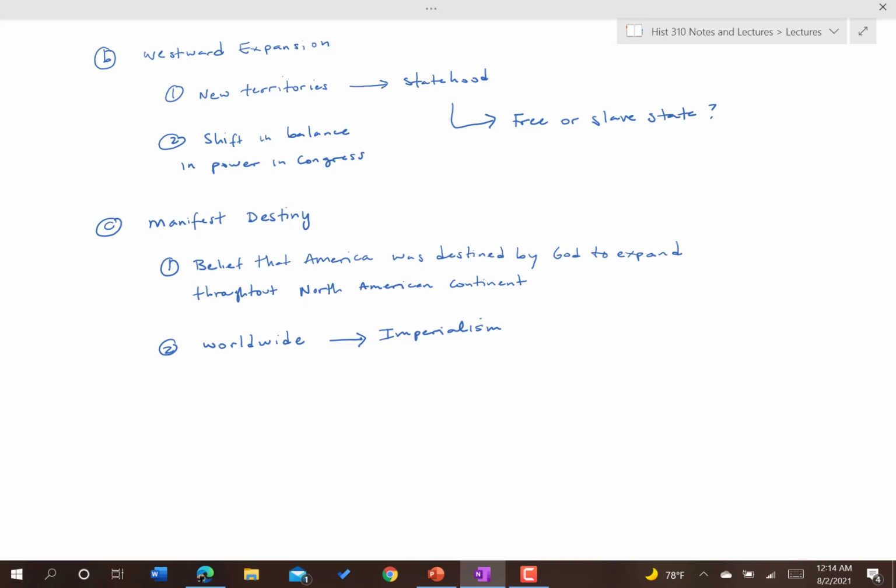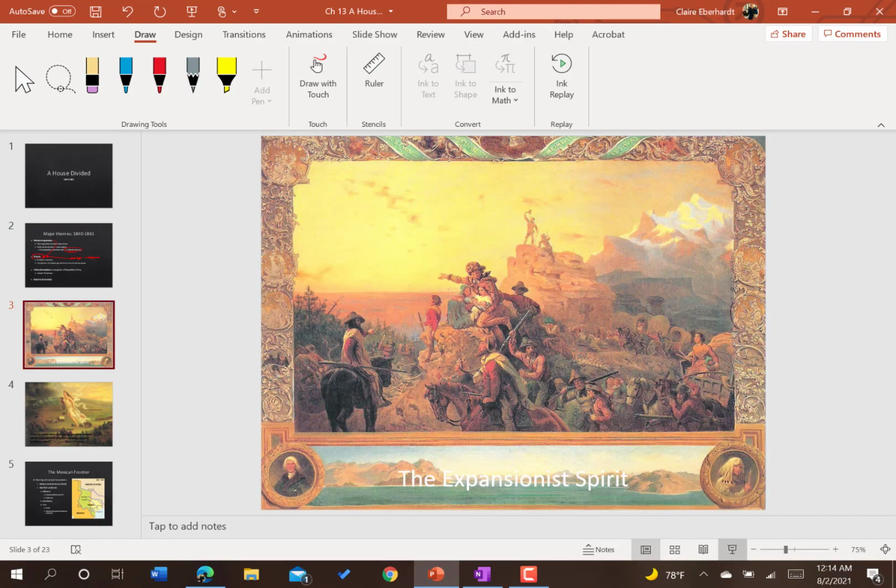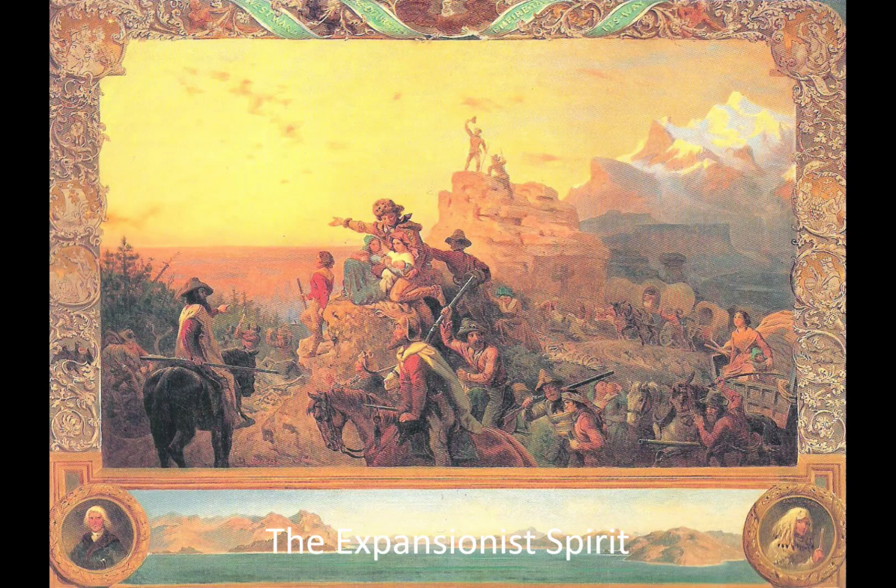But when you have this idea, and let's look here at a couple of pictures, this expansionist spirit, there are lots of images and documents written about this idea of manifest destiny, of expanding, of conquering, the Oregon Trail, expanding into California.